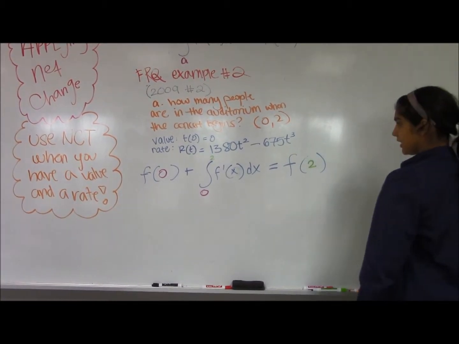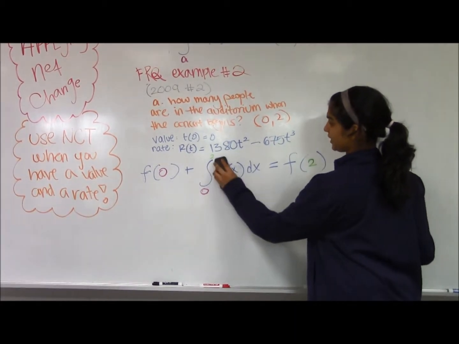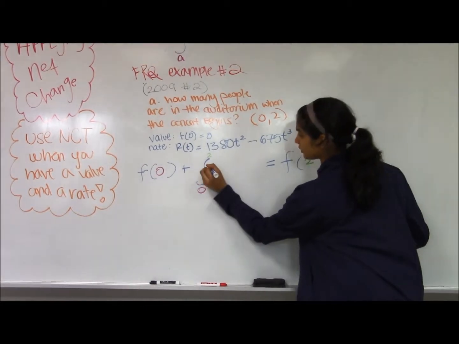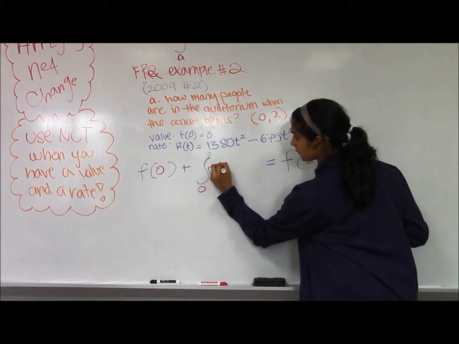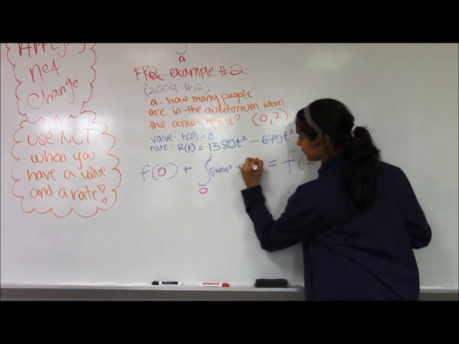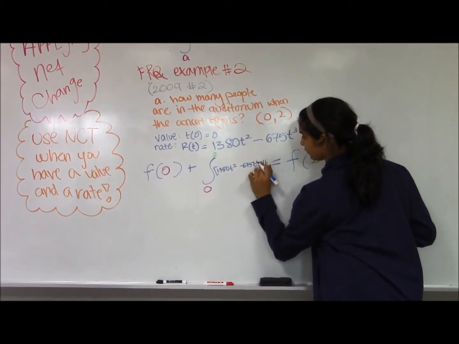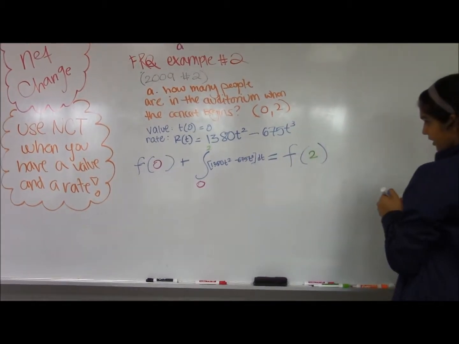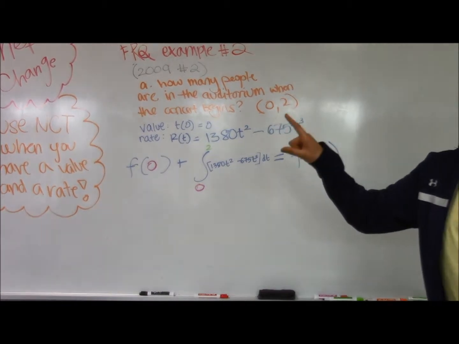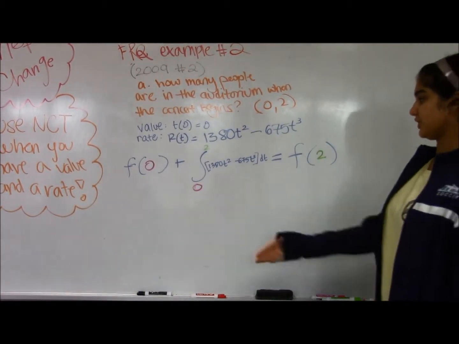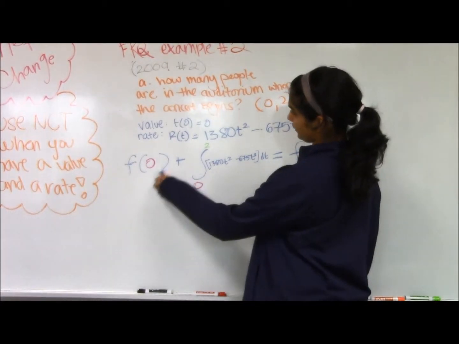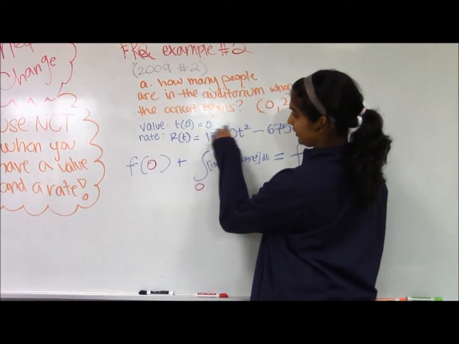And then you can plug in the rate equation right here, and right there, and then you can solve this rate equation. And since it is on the calculator section, you can just use your handy dandy calculator and solve that, and then you get f of 0 equals 0 because it's the value given.